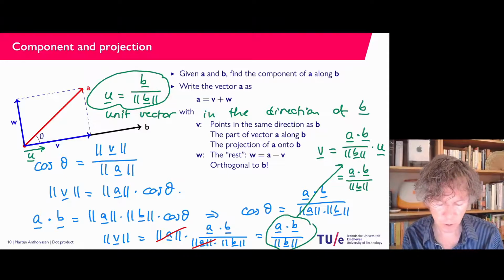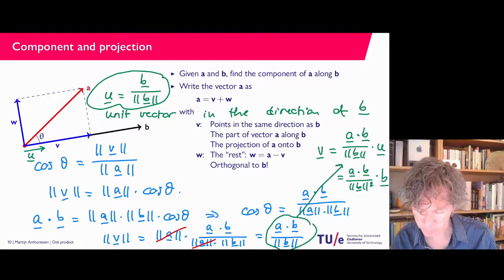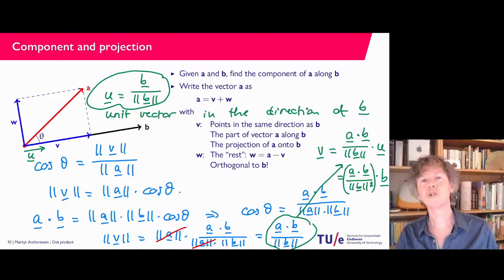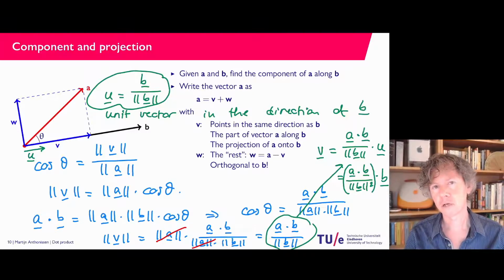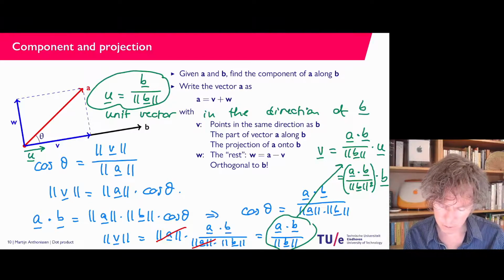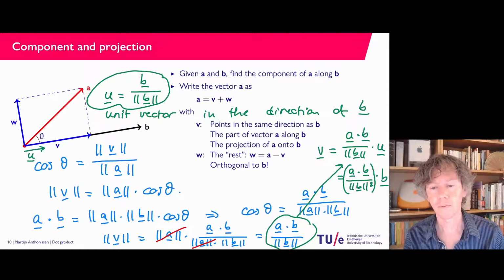So if I take them together, I find a square, times B. Let me just put brackets here to indicate that in between the brackets is a number, and that is the length. And this is the direction now.